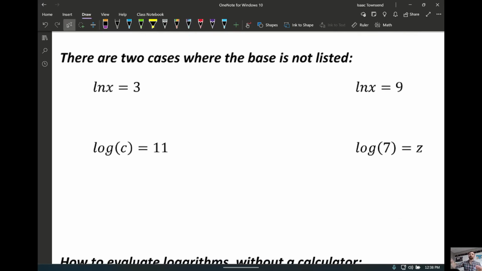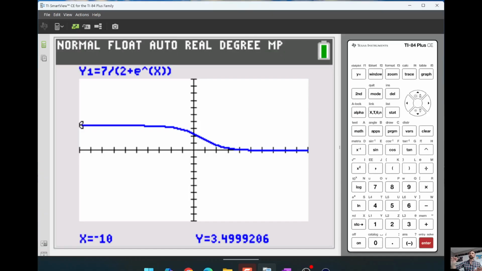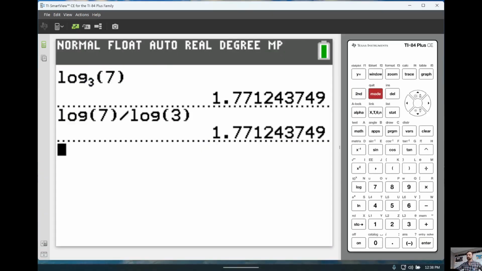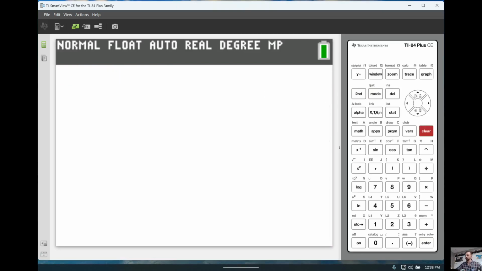Some logarithms, in fact the ones you have on your calculator, if this doesn't convince you that logarithms are important, I don't know what will, but your calculator has 2 buttons specifically for logarithms. So the first one, log, notice it does not let you type in a base number here. It doesn't give you the option. And right below that, ln is actually for something called natural log.